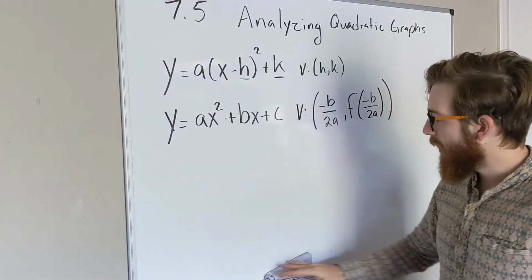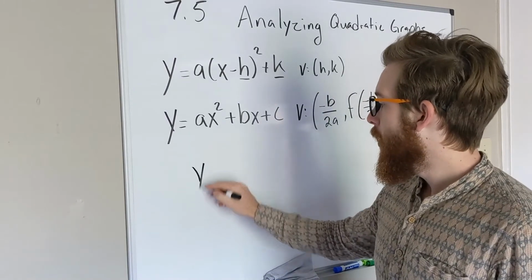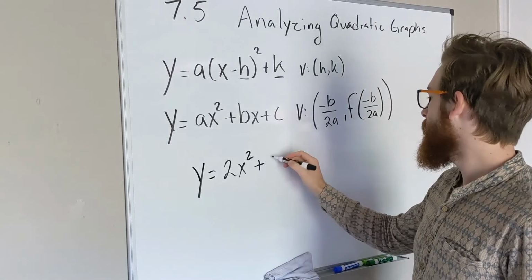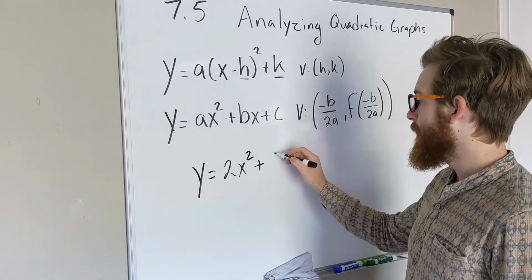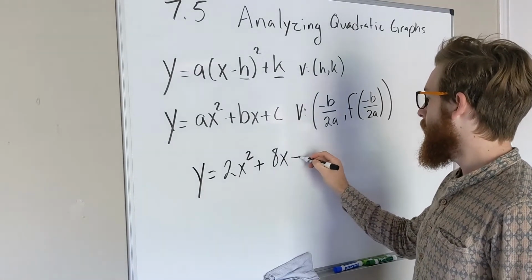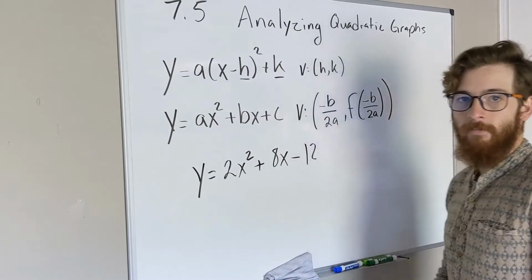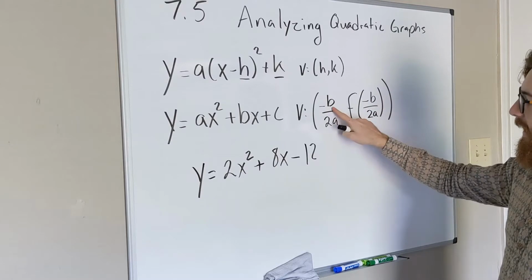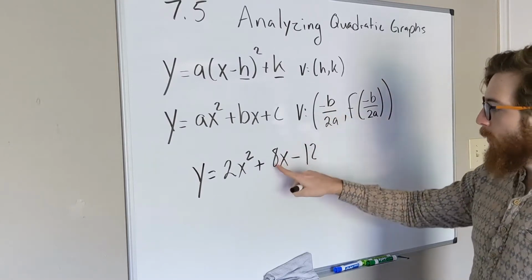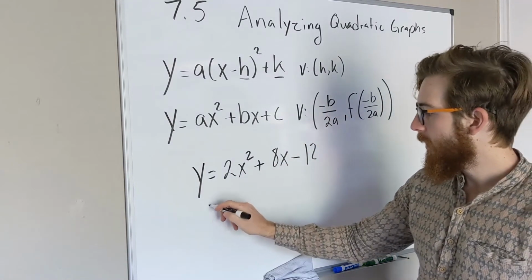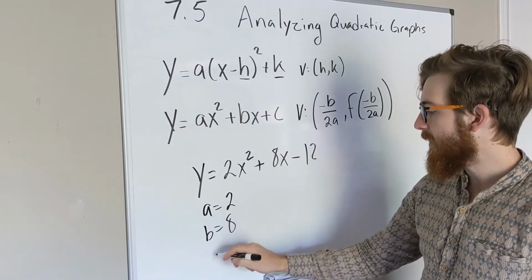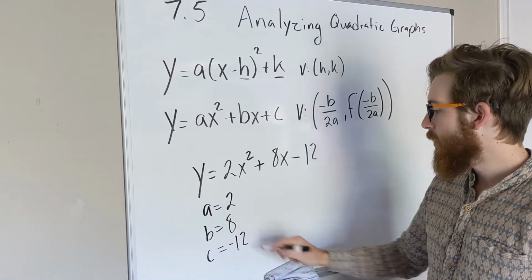I'll just create a rather simple problem. Y equals 2x squared plus 8x minus 12. Okay, so in order for me to find x, I need negative b over 2a. Okay, well here's b. I'll just write it out. A is 2, b is 8, c is negative 12.